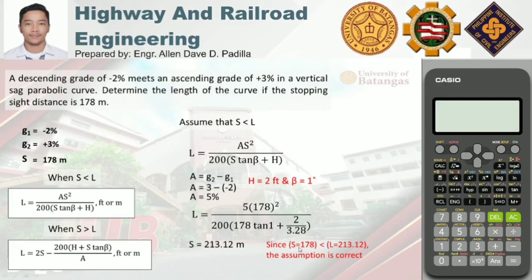I mean, S is equal to 178, which is less than L that is equal to 213.12. So we have S less than L, meaning to say the assumption is correct, meaning ito na yung ating final answer. Again, this is not S ha. This is L. Nagkamali lang ako dito.